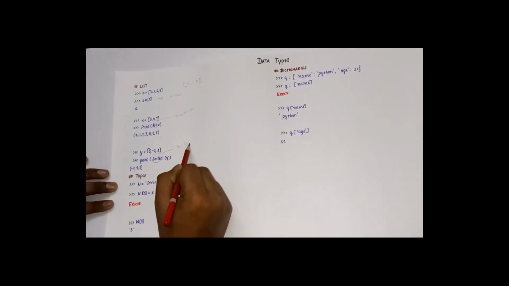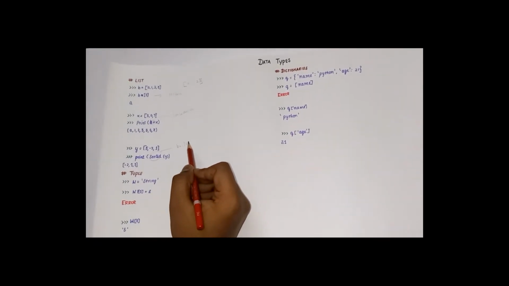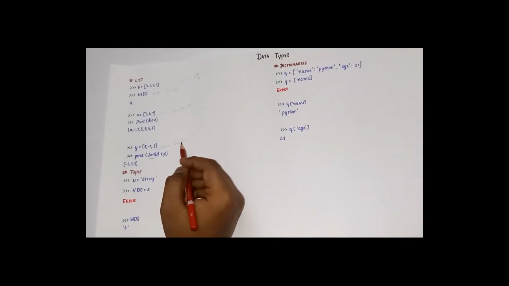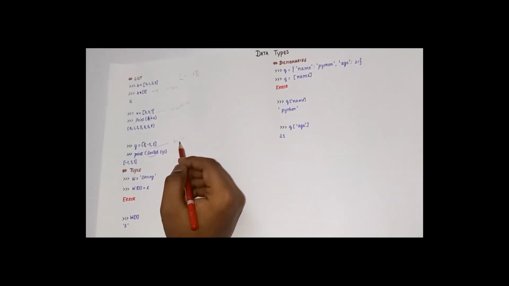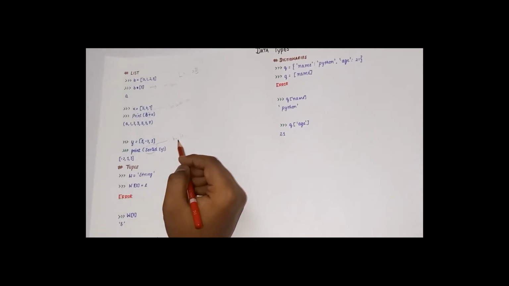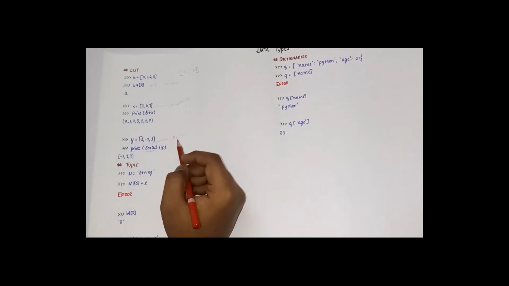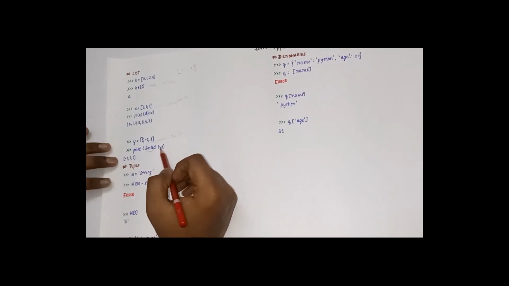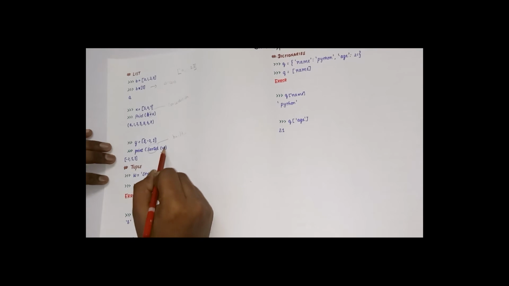Then the sorted function. What is sorting? In general, sorting is arranging numbers or words in alphabetical or numerical order. The same applies here. For 5, minus 2, 1, the syntax is sorted parenthesis x.